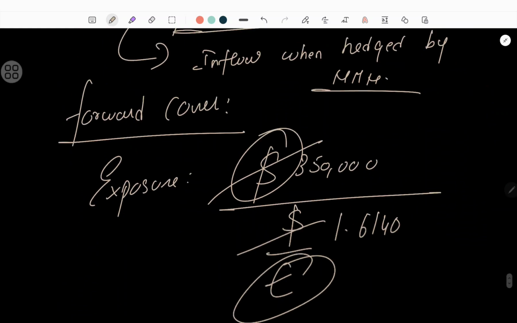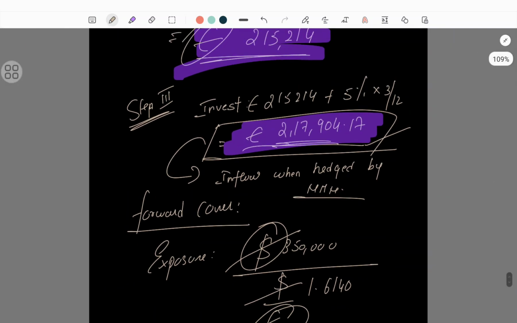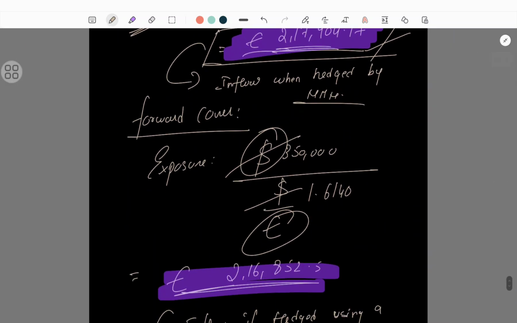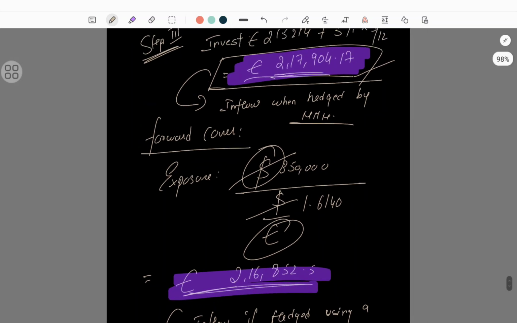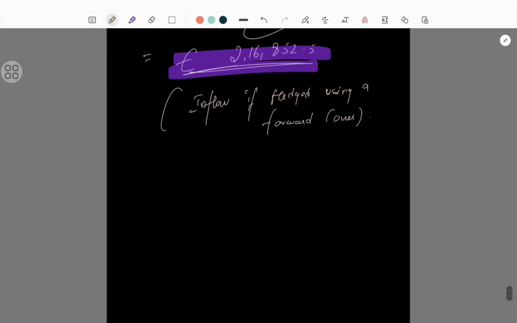Now when compared to the forward cover, let's find out the difference also, because that's what they need. So first of all, you'll say that it's better to hedge using money market because the inflow is more. More by how much? So then quantify that. 217,904 minus 216,852, 1051 or 52 roughly.